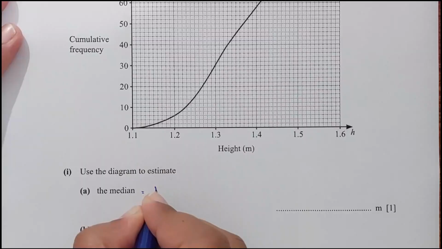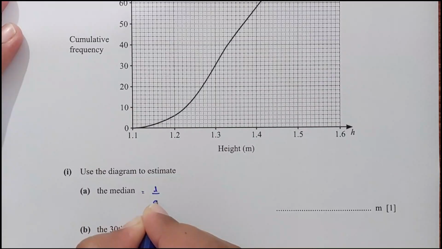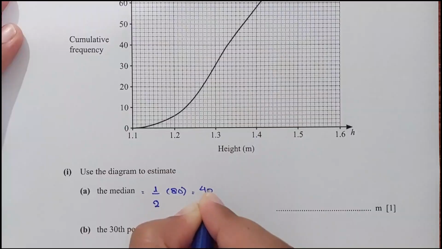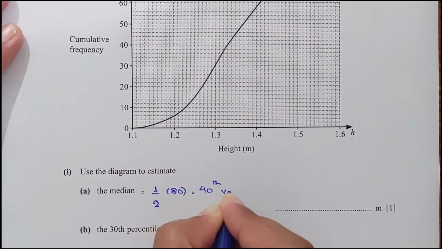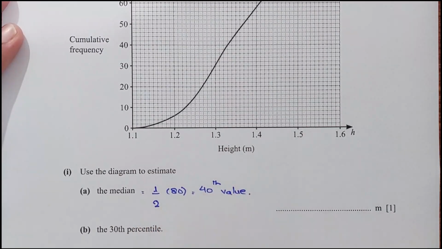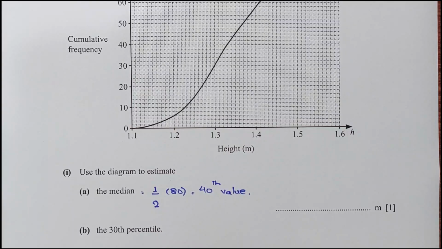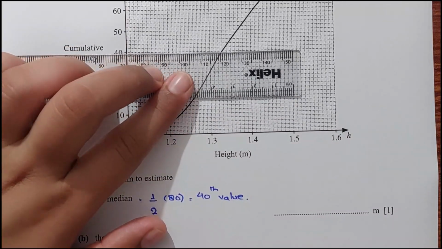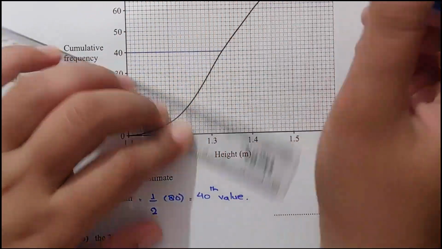Median has a formula: half of 80, which is the 40th value we have to find on the diagram. Read the cumulative frequency diagram and find the 40th value. What is it reading in terms of height? That would be the median.